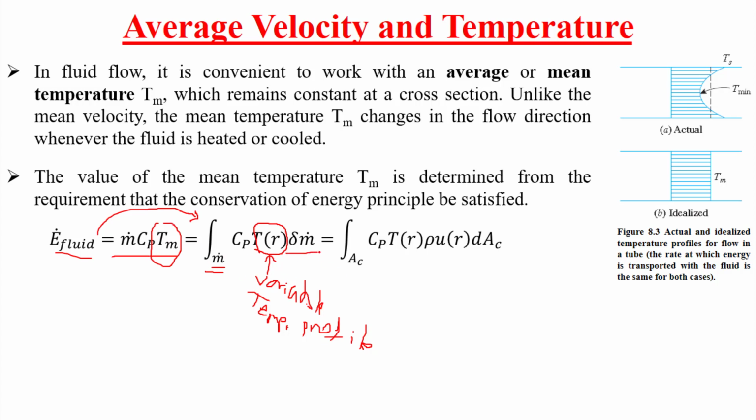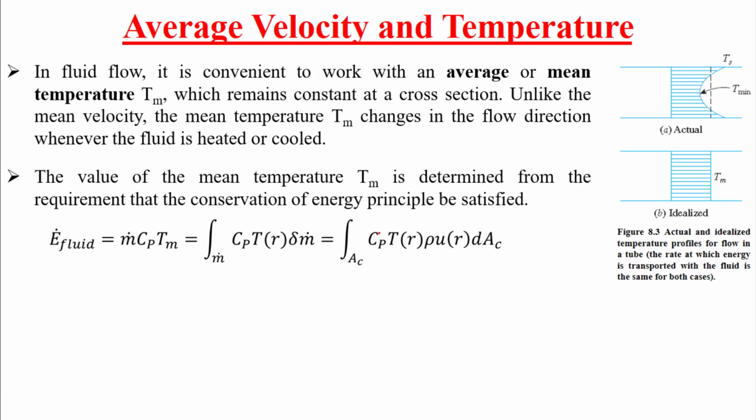This integration with respect to dm, or instead of dm I can write rho multiplied by velocity multiplied by cross-sectional area. So this could be written as rho, instead of velocity I write the velocity profile equation, multiplied by d cross-sectional area. And instead of d cross-sectional area I can write 2 pi r dr. And now this integration, instead of taking it across the cross-sectional area, we can take it across 0 to r.